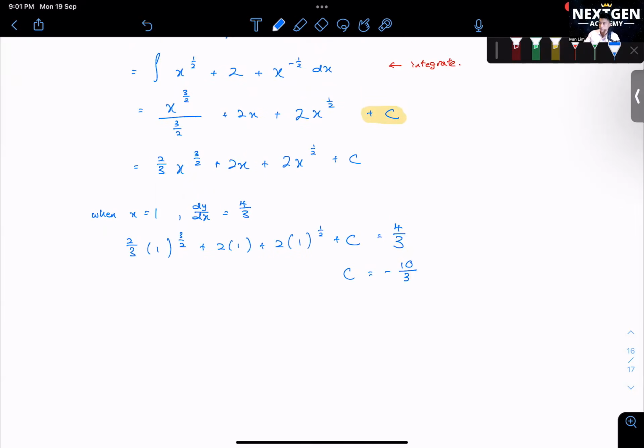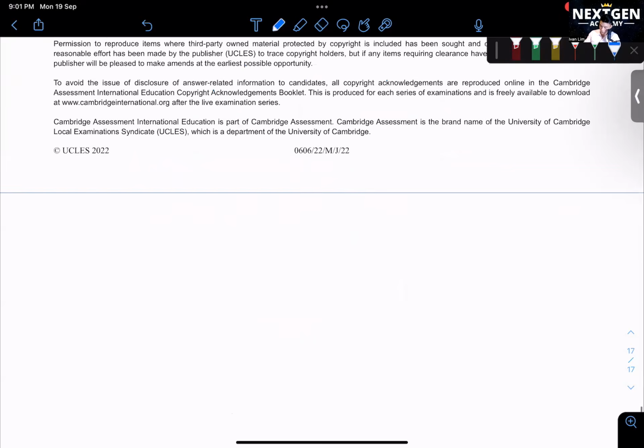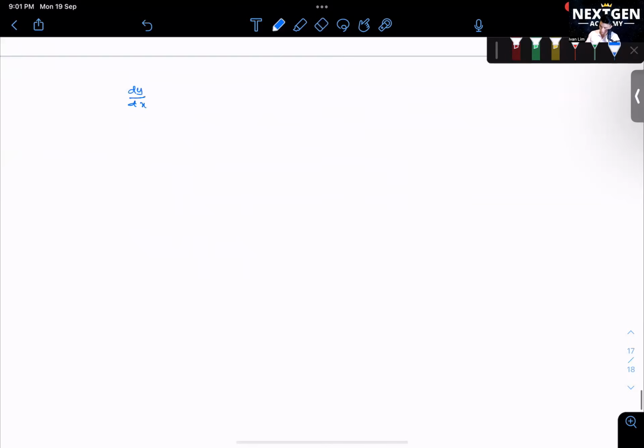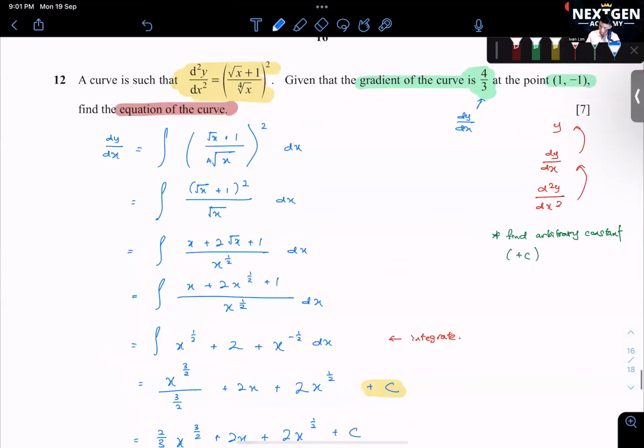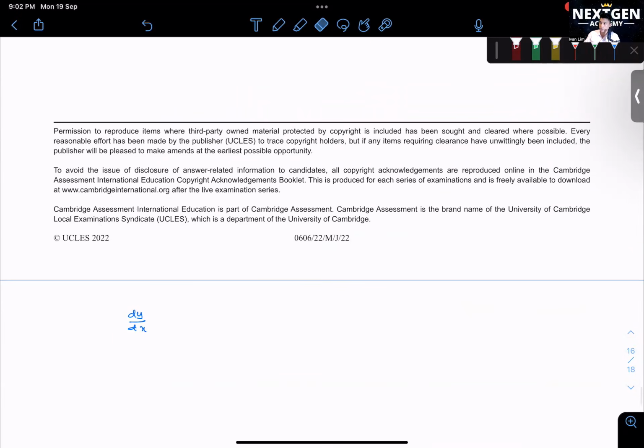Let's continue down here. Dy over dx will be equals to 2 over 3 x to the power of 3 over 2 plus 2x plus 2x to the power of 1 over 2 minus 10 over 3.